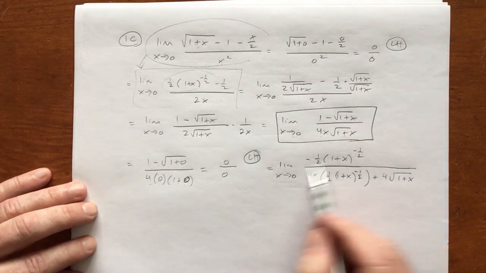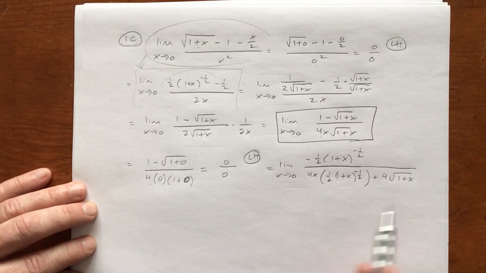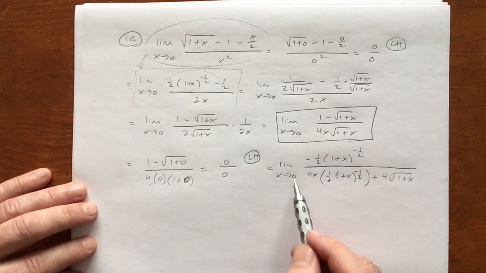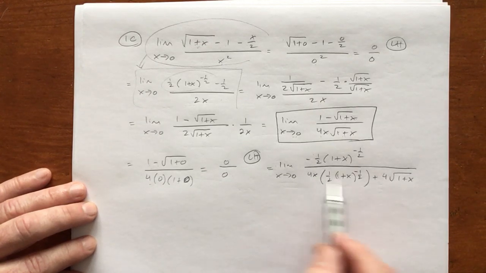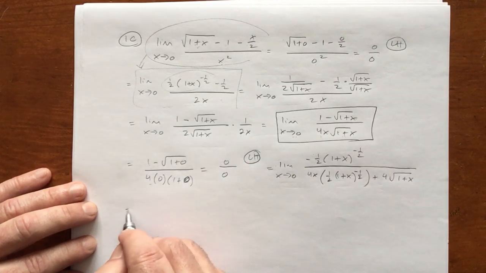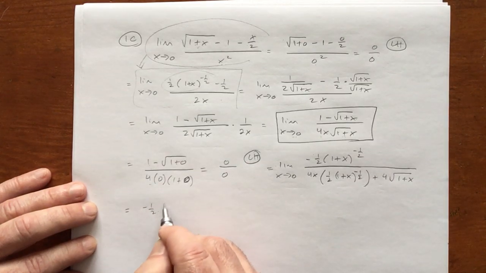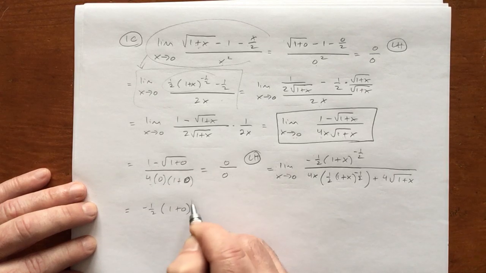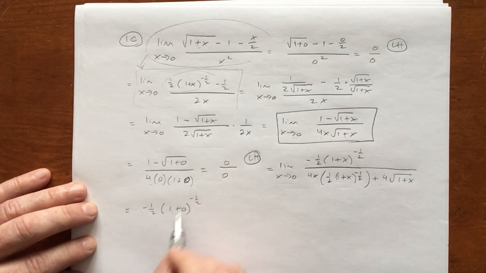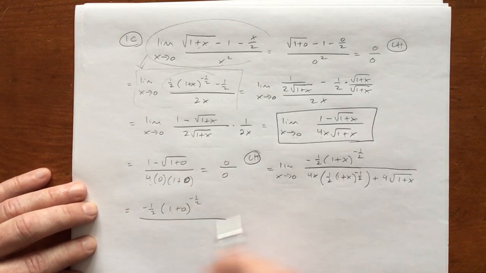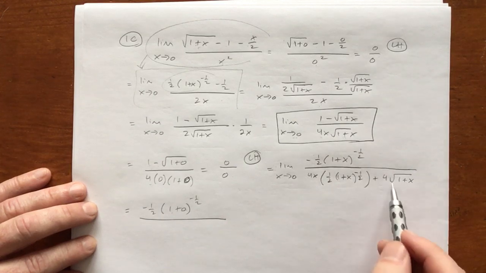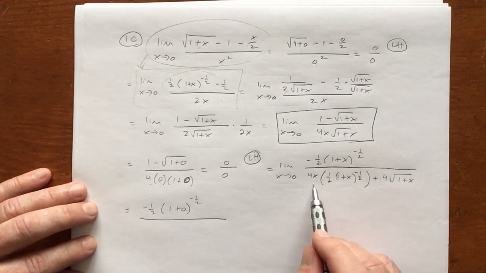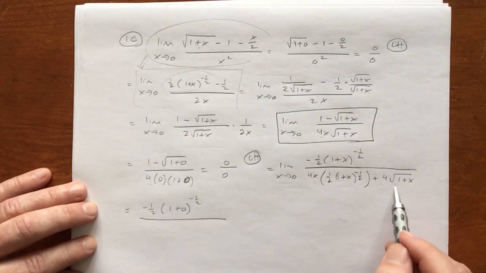Okay, this is getting ugly, isn't it? So maybe what I should do then is just see if I can substitute the 0 in at this step. And so I have -1/2, 1 plus 0 to the -1/2. This is nice now because that's simply 1 on the bottom. Looks like I have a 0 on the bottom, but that's just for this term. Note that I have the second term.